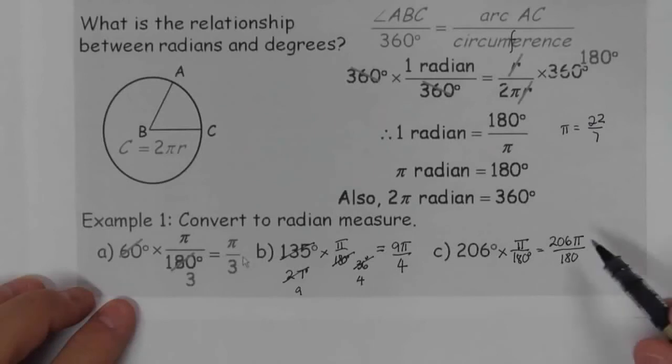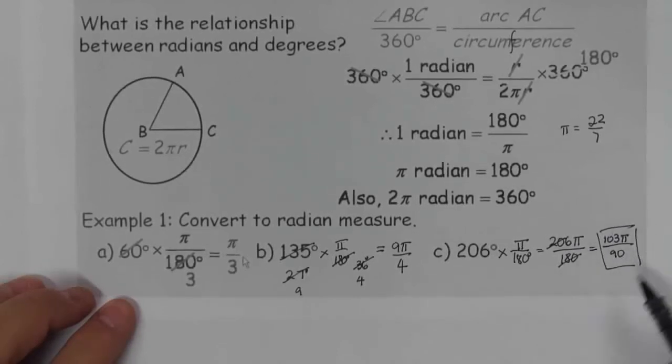If I look at face value here, I can simplify it by 2 first of all. So I can say divided by 2, that would be 103 pi over 90. Okay, and I don't think that I can go any further. They're not divisible by 3, they're not divisible by 5, they're not divisible by 7. So for the sake of this exercise, I'm just going to leave it at that, and that's the equivalent to 206 degrees. Okay, so some more examples coming up.